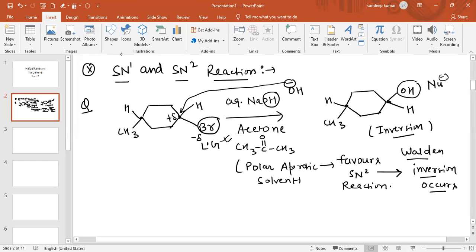Now see another question, which is related to the SN2 mechanism. We have identified it by the polar aprotic solvent, and also this is a strong nucleophile.